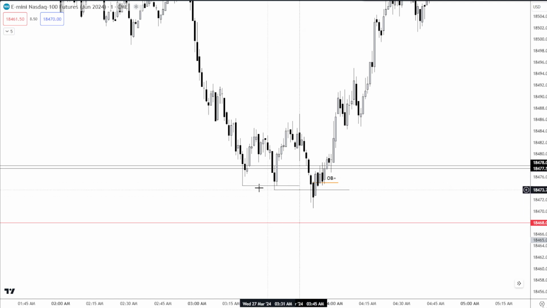When we sweep only with a wick, it also creates an inefficiency, so it should get filled in. This one doesn't need to be filled in because we swept this low with a thick down close candle, and then we have the order block here preventing it from being filled in. Right here, there's no reason for this not to be unfilled because this isn't a high probability order block.